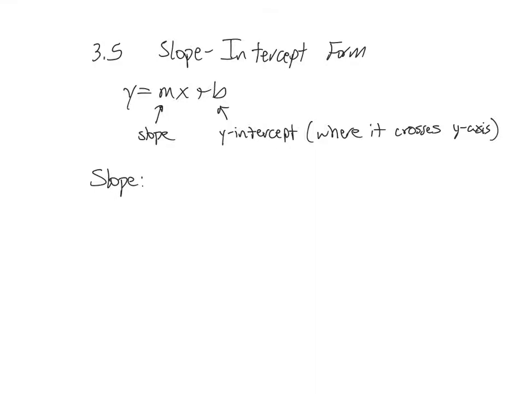There's a few different ways to think about slope. I think the best way is change in y over change in x, and I'll explain why in a minute. But another way to look at it is rise over run, and that's not wrong to think about it like that.